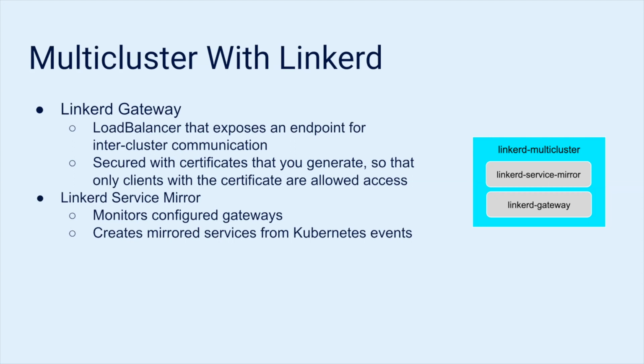You've got the Linkerd gateway, which is a load balancer resource that exposes an endpoint for inter-cluster communication. And part of what I'll show you in the demo is that when we deploy this gateway, we use certificates that are assigned to the gateways so that only communication between those gateways is allowed. And the service mirror.